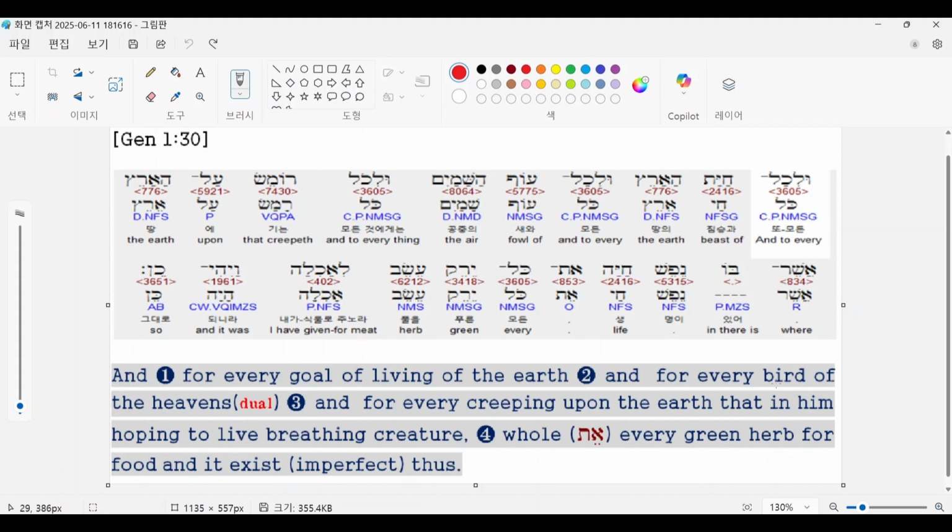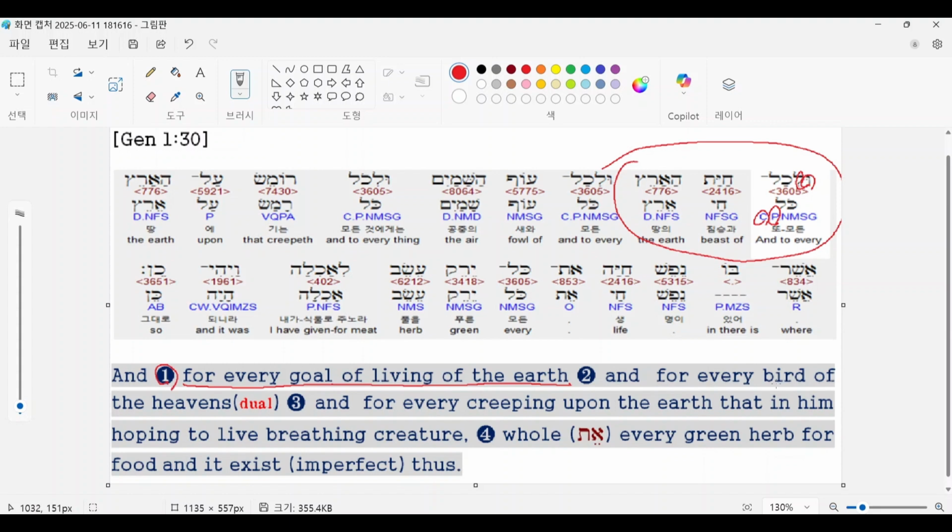Then we study the first part, which is this one: for every goal of living of the earth, from here to here. The "and" is the conjunction right here, and then "le" is the preposition.